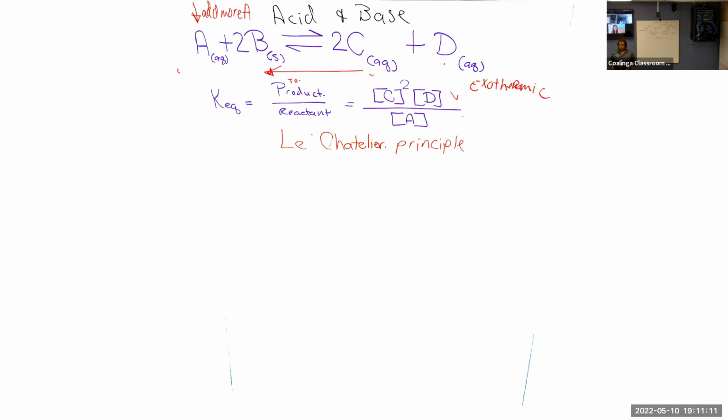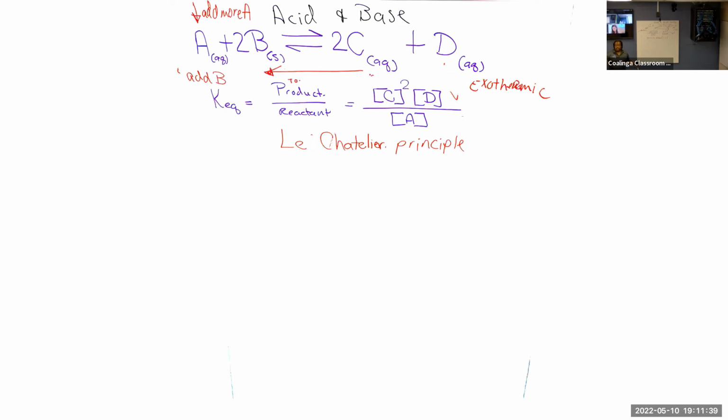Okay. Now, if I add B. So exothermic is when you're adding heat to the product. Exothermic, no. Endothermic is when you add heat to the product. You're putting heat into the reaction. Endo, meaning in, thermic, heat. You're adding heat to the reaction. Exothermic means that you're releasing heat.